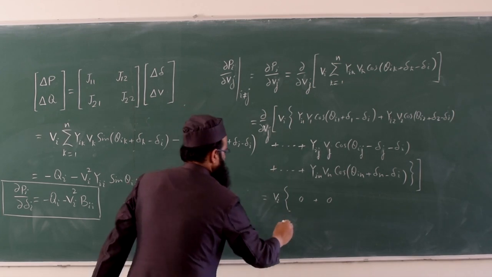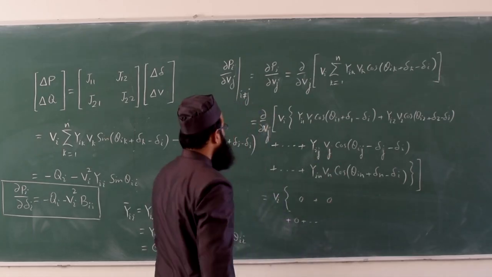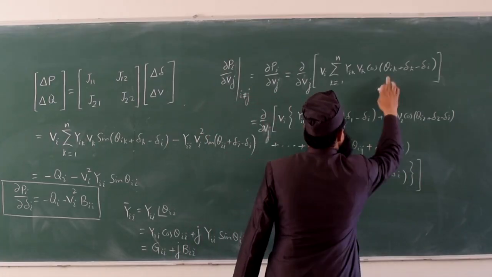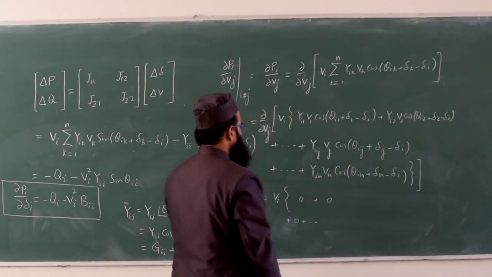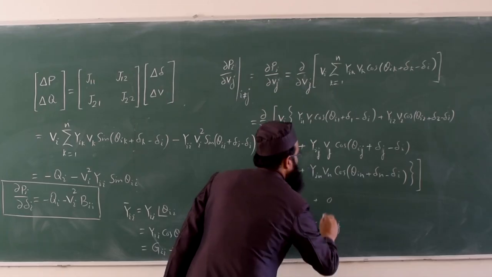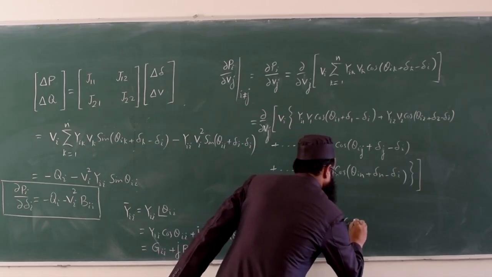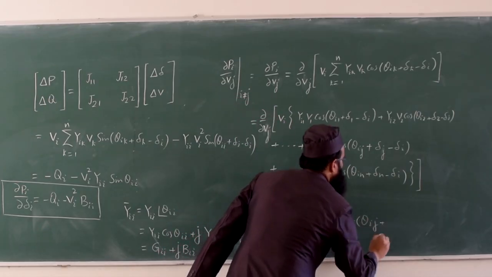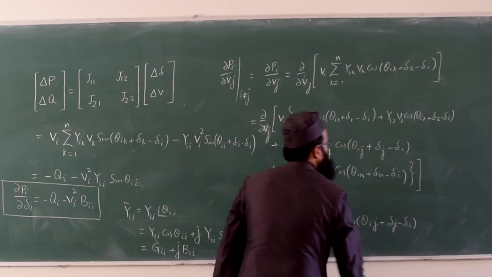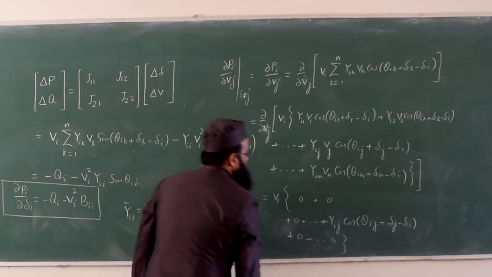Write the third, plus 0, plus so on. In the jth term, Vj is there, so with respect to Vj we will get plus Yij cosine of theta ij plus delta j minus delta i, plus 0, plus so on, 0. We have just the jth term here.